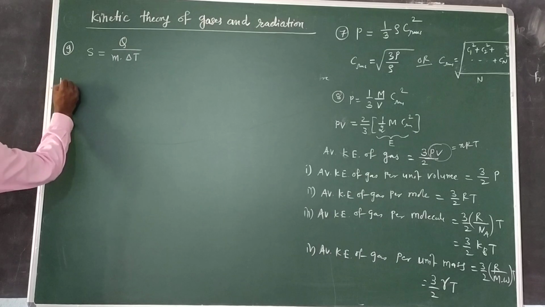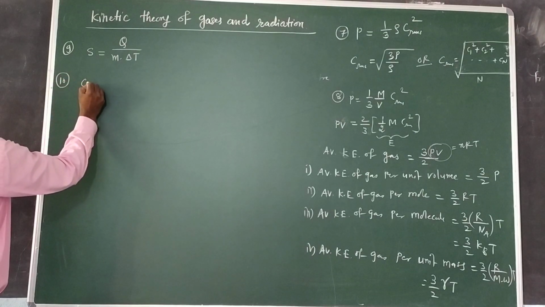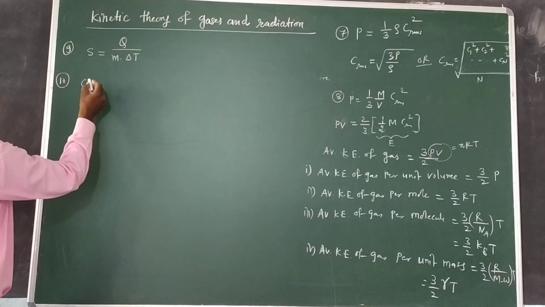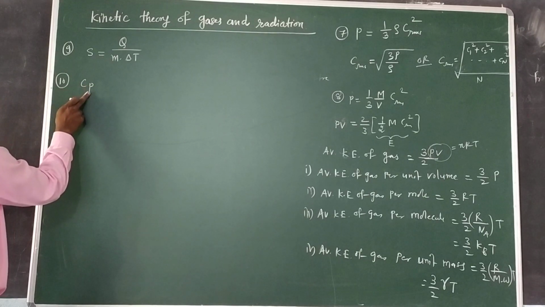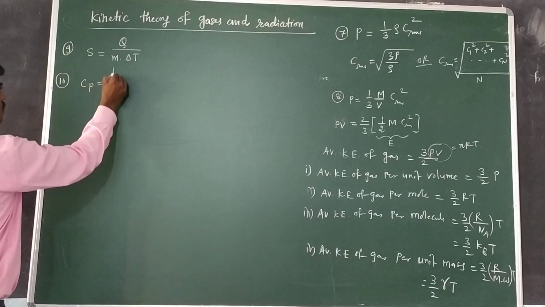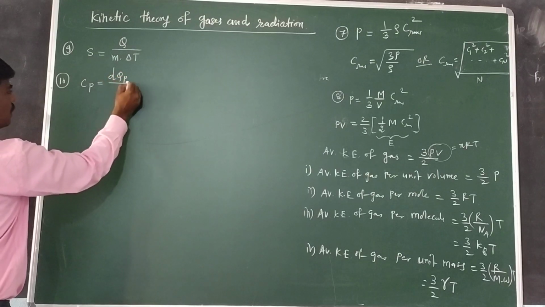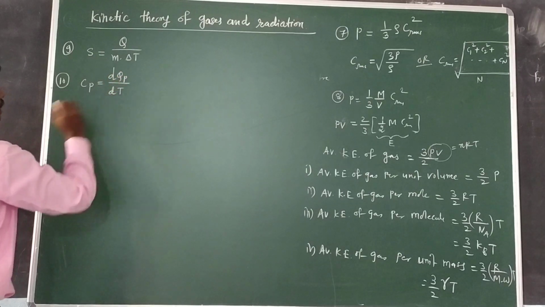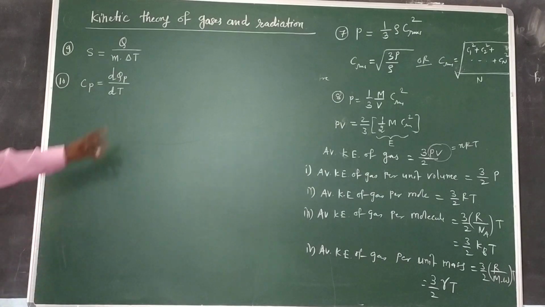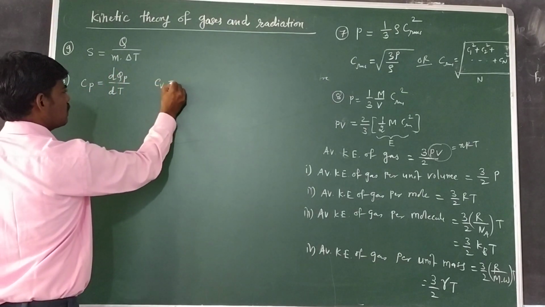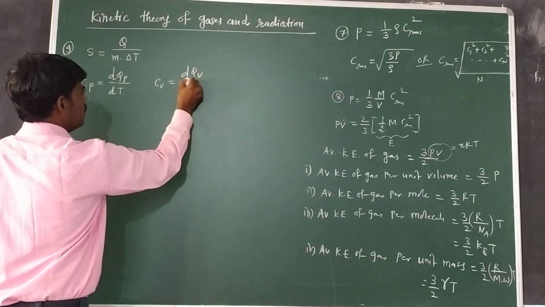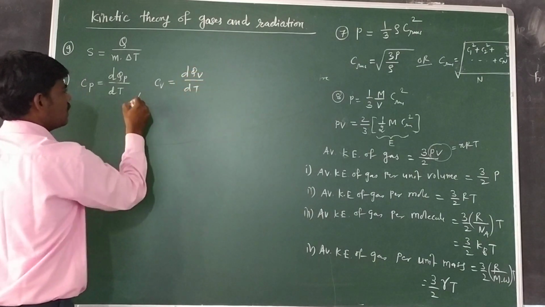So for gases, we get two types of specific heat, represented by Cp, meaning specific heat at constant pressure. It is nothing but dQp by dT, the amount of heat absorbed by gas at constant pressure. And Cv is nothing but dQv by dT.